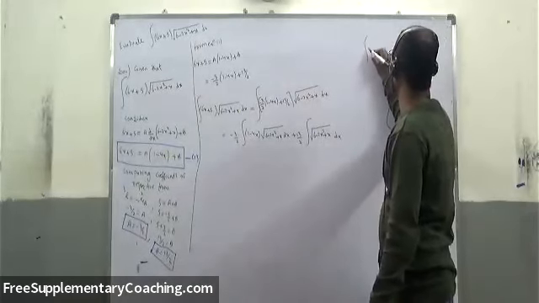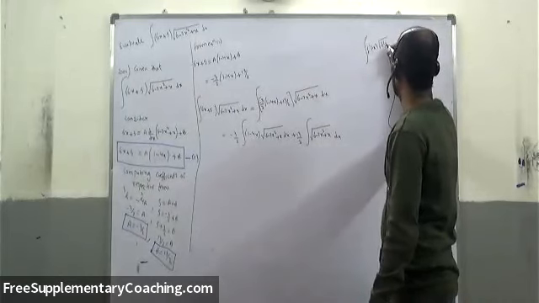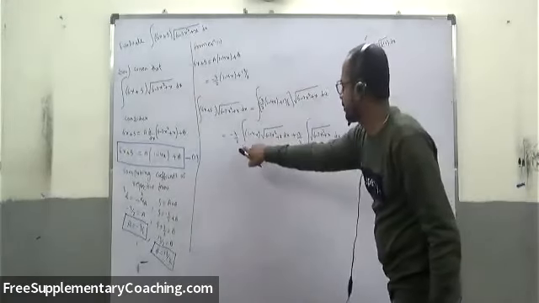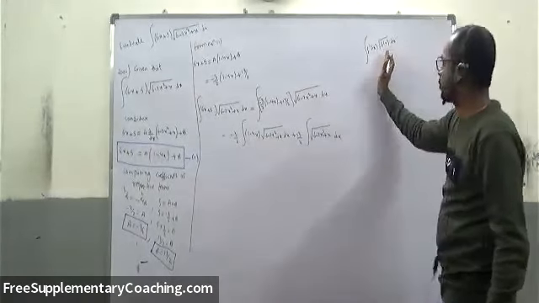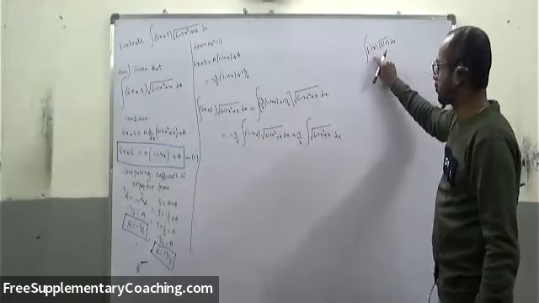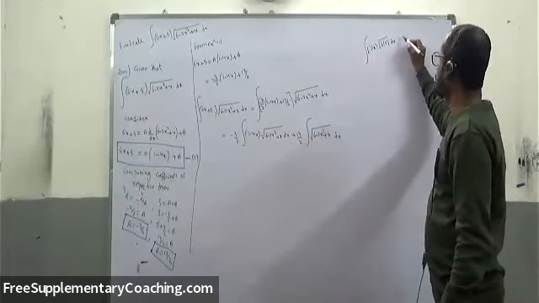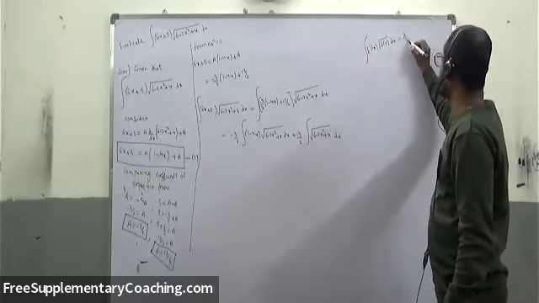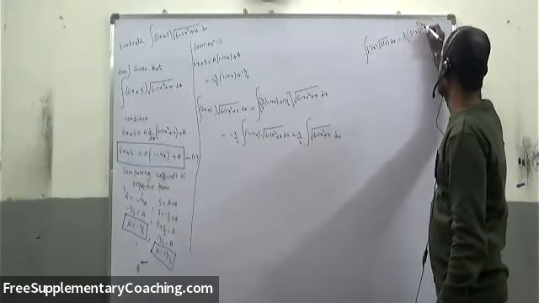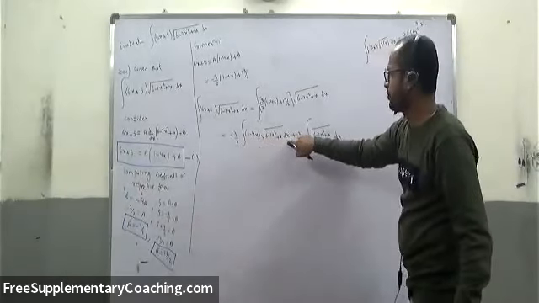Integration of f dash of x root over f of x into dx. Okay. This complete from here to here, it is in this form only. If you apply the derivative d by dx for this function, you will get f dash of x only here. Okay. What is the formula for that? The formula is given that it's equal to 2 by 3 in the bracket f of x whole power 3 by 2. Okay. This I'm telling about the first term.